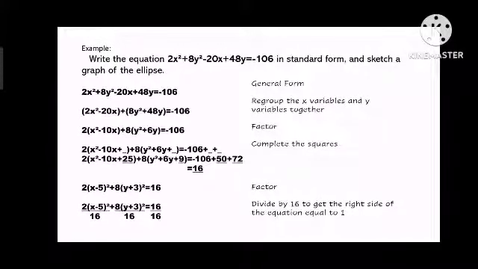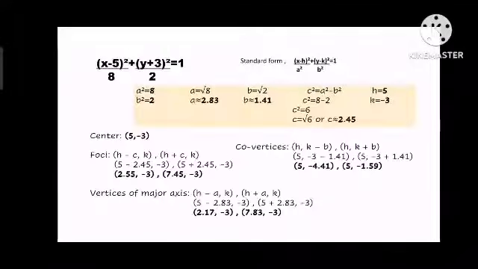And lastly, we divide the equation by 16 to get the right side equal to 1. Then we have quantity x minus 5 squared over 8 plus quantity y plus 3 squared over 2 equals 1. That is the standard form.